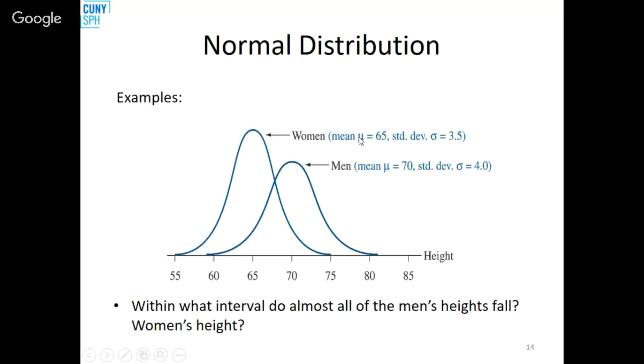So here's a real example. The mean and standard deviation of heights of women are approximately 65 inches with a standard deviation of 3.5. With men, the mean is a bit higher and the standard deviation is a bit higher as well. So you see that reflected in these two normal distributions. You have a fair bit of overlap here, but still some difference in these distributions.